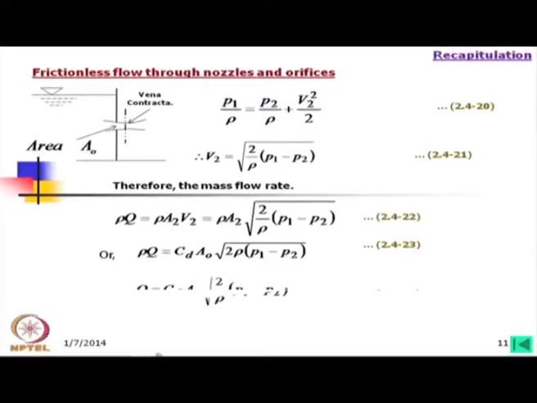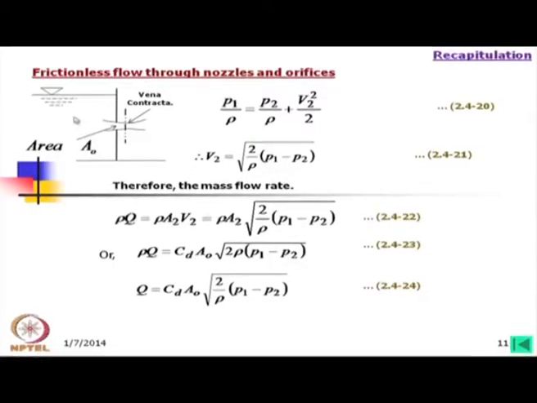The most useful equation is this one, the flow rate through any valve, where A0 is the area of the orifice, and P1 is the pressure upstream and P2 downstream. In some cases you will find the downstream pressure is 0.